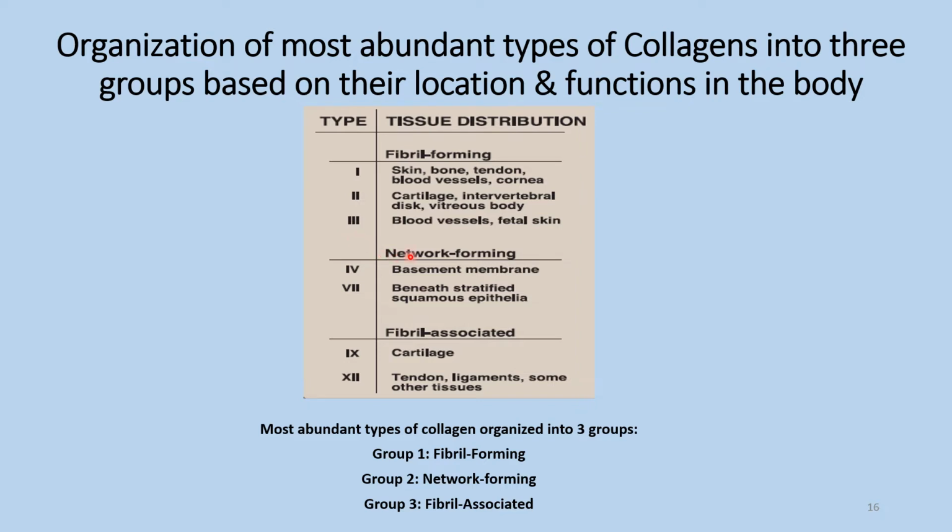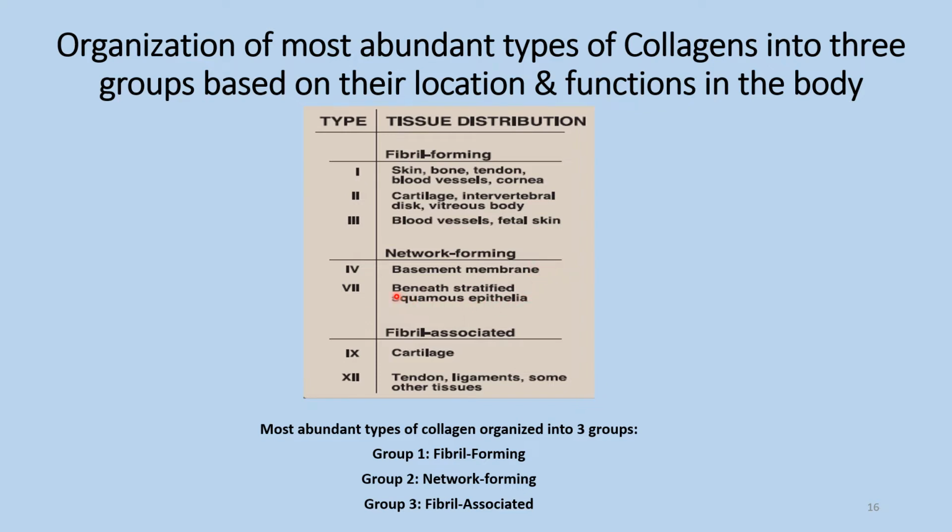The collagen types 6, 4, and 7 form networks found in the basement membrane on which the epithelial cells are attached.